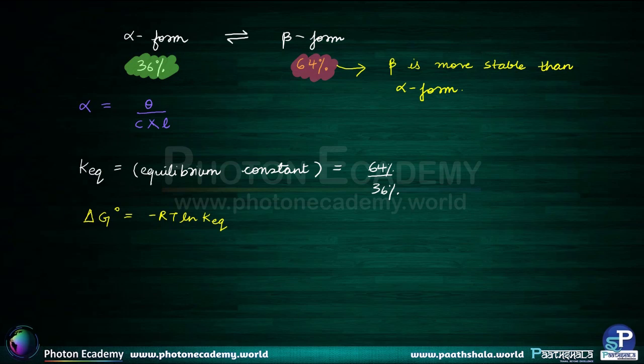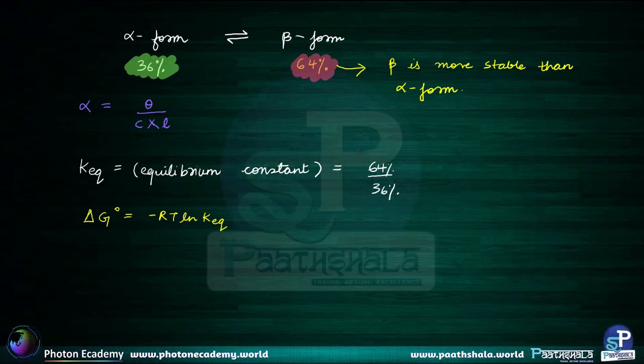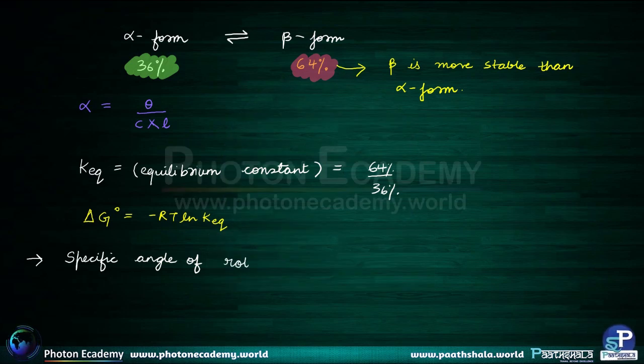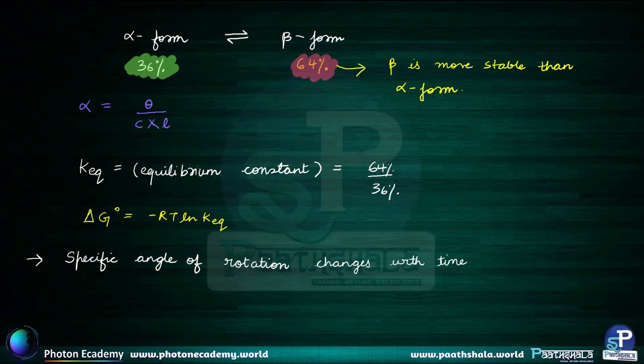So what we have done just now is mutarotation. If we are to put a specific definition onto it, we are now explaining mutarotation. Specific angle of rotation changes with time. This is what we observed, that the specific angle of rotation was changing from alpha, which had 112 degrees and was coming to 52.5 degrees to attain equilibrium.